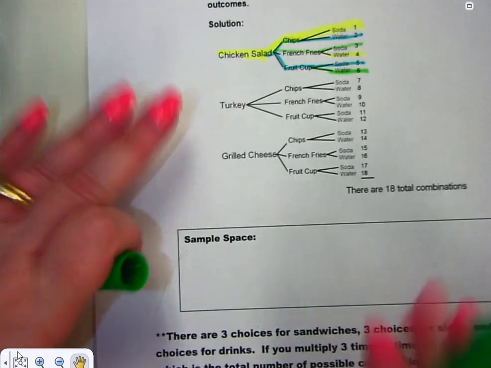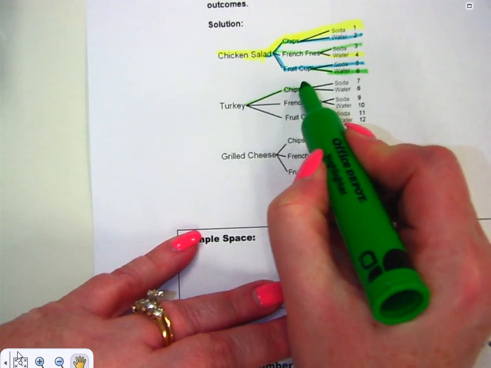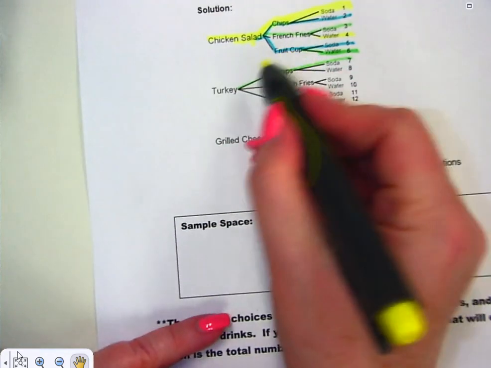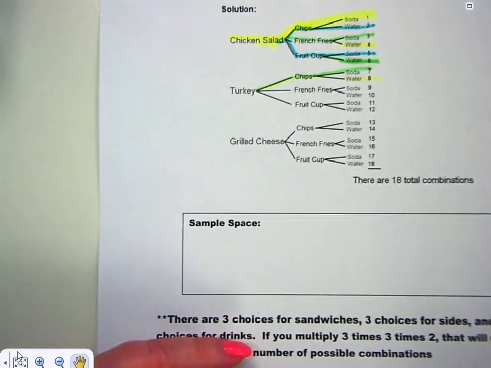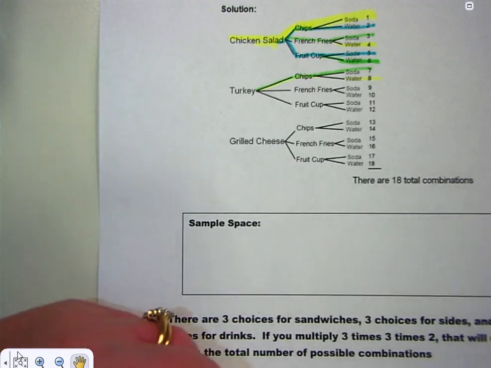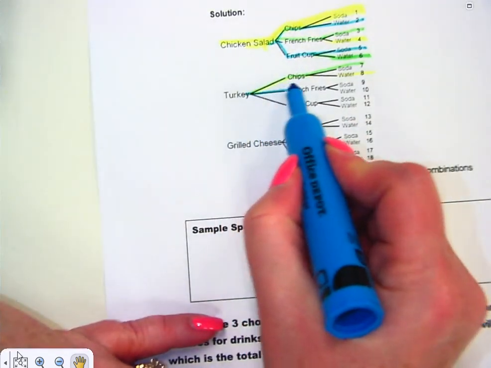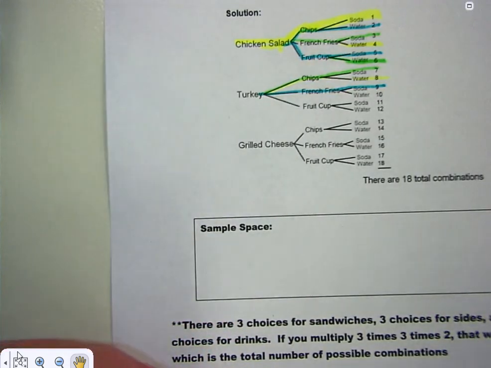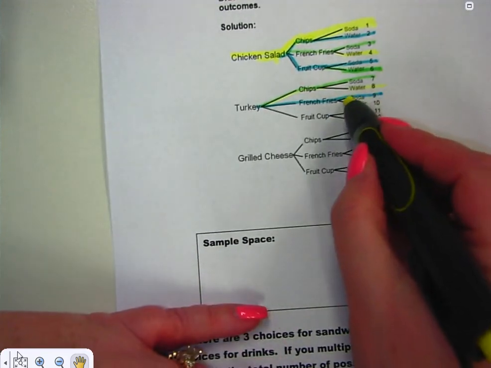All right, so then we go to the next kind of sandwich with turkey. With turkey, we could choose chips and a soda, or we could choose turkey, chips, and water. So now we're up to 8. Then I could choose turkey, french fries, and soda, or I can choose turkey, french fries, and water.